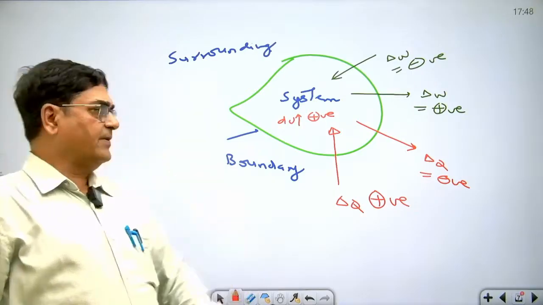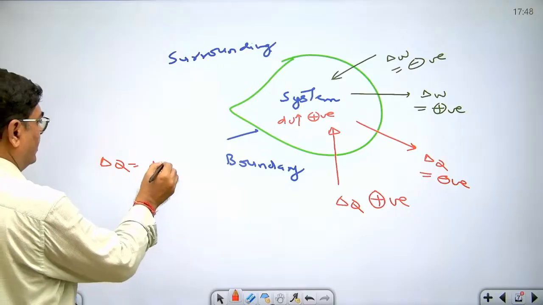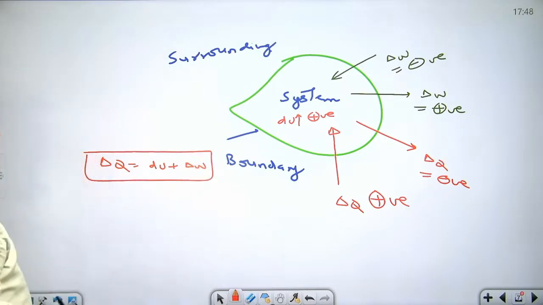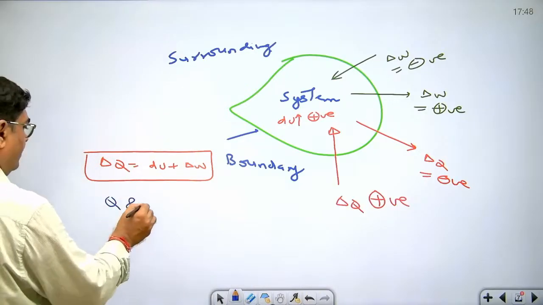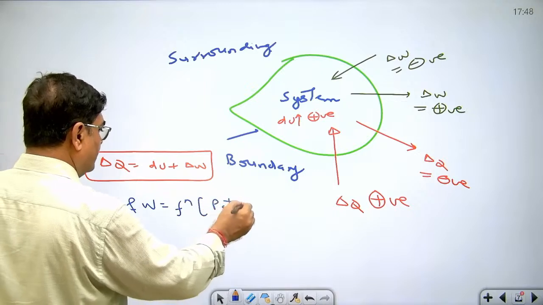The general statement for the first law of thermodynamics is delta Q equal to dU plus delta W. Very important thing here is Q and W, meaning heat supplied and work done. Q and W are path dependent quantities.